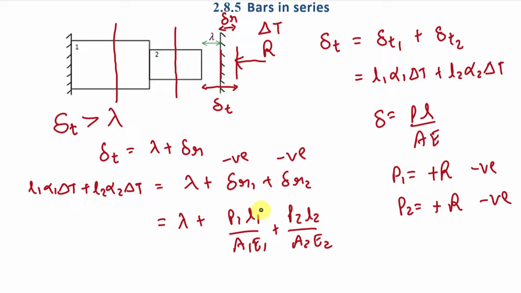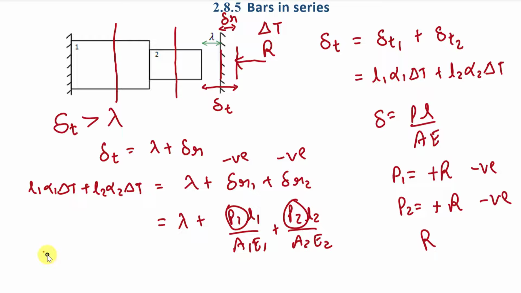Now in the question, most of the values will be given to you. You only have to find the value of the reaction, because the reaction will not be given to you. So you can put this reaction here instead of P1 and P2, and from this equation you can find the value of R, right? And once you have the value of R, you can find the thermal stress in these bodies.